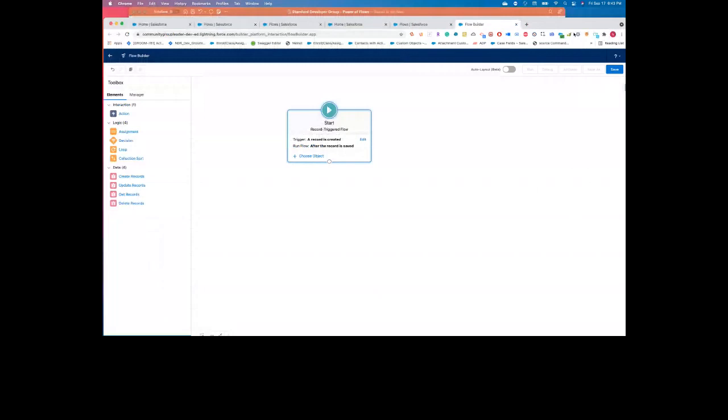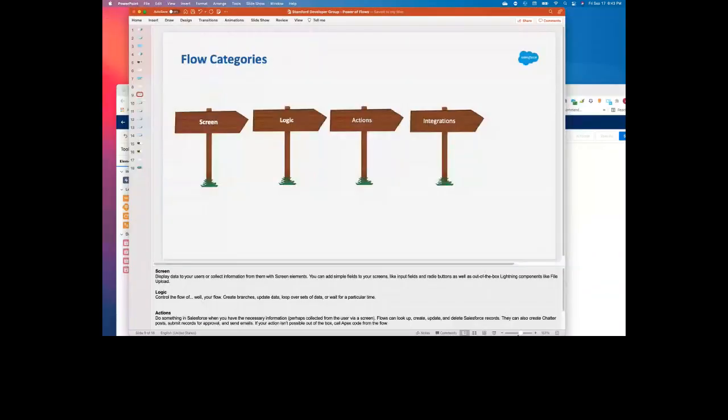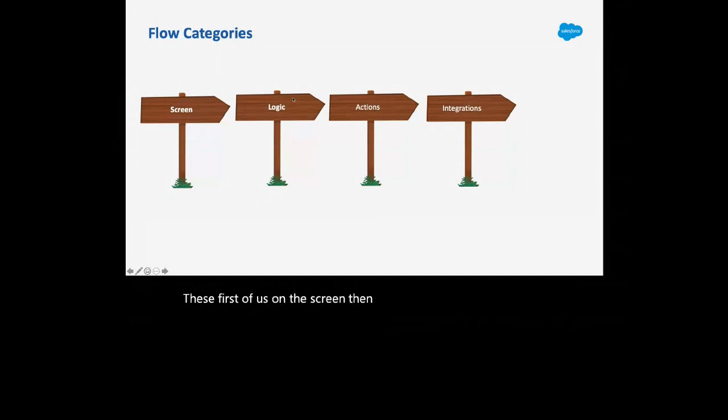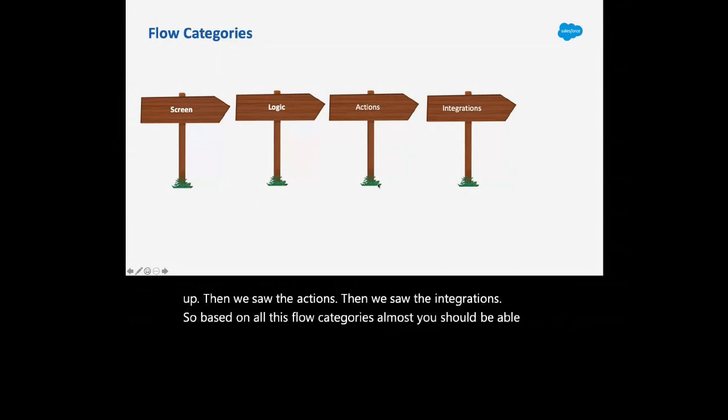These are the flow categories we saw. First we saw the screen, then how the logic is built up, then the actions, then the integrations. Based on all these flow categories, you should be able to write almost any kind of flow.